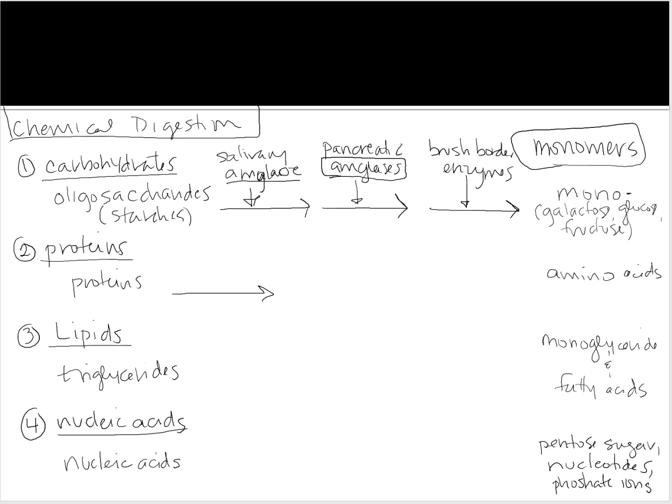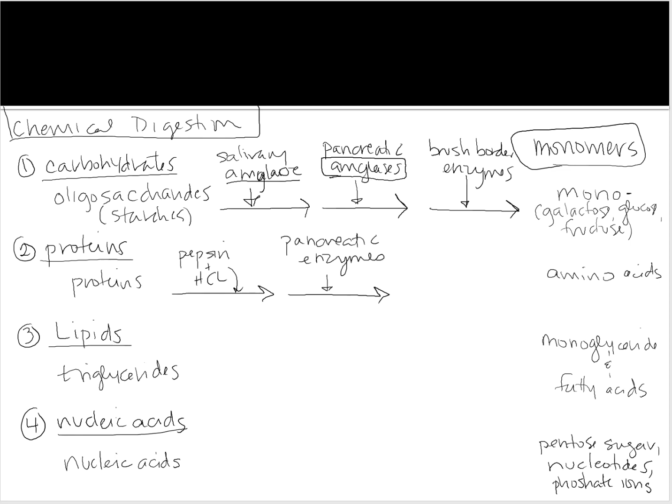The first thing that's going to act on proteins is in our stomach. So we have pepsin plus HCl. Okay. The second. Anybody got a guess? Our pancreatic enzymes.